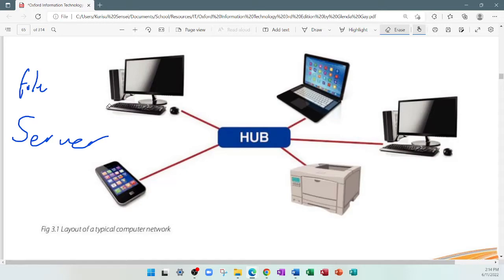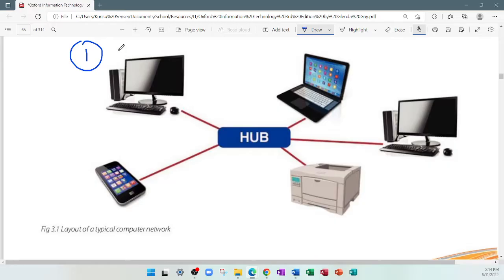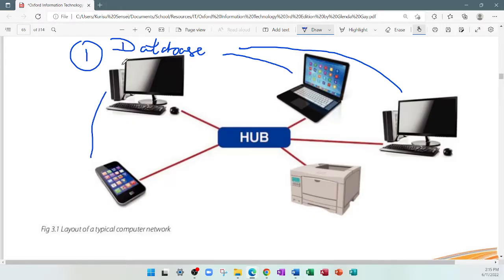So say for instance, with the same example here, there is no server in this network here, but say for instance, this computer here, computer 1, has a file. Say for instance it has a database file, and the other computers would like to access this database file here. So now when these computers here are accessing this file, computer 1 will now be a server, so that it is serving that database file to the other computers on the network.